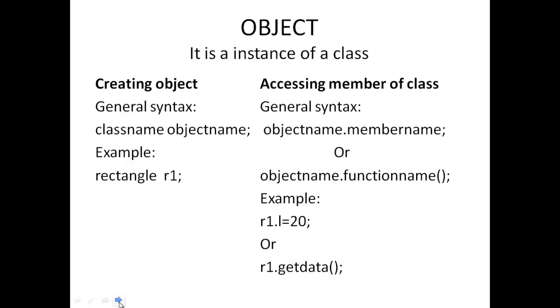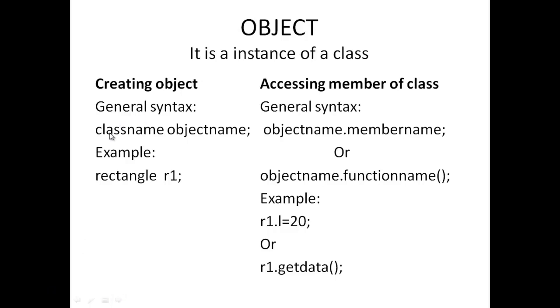After creating the object, we can access those values which are declared in the class. So an object is an instance of a class, or we can say it is the class variable also.